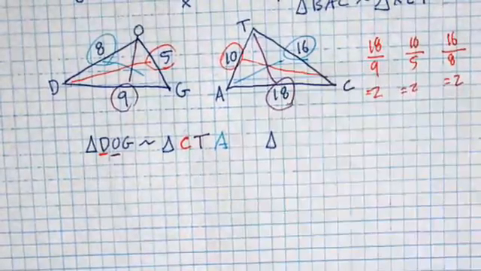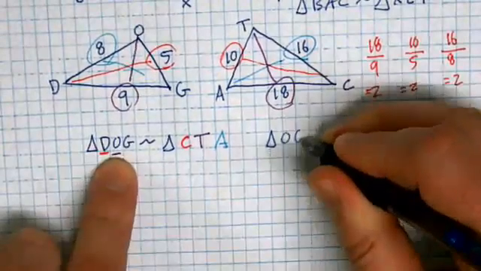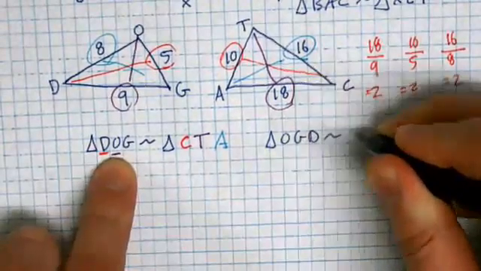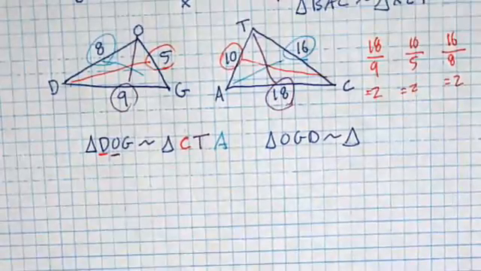I want you to try one more for me. Instead of dog, I'm going to call it OGD. Can you write my similarity statement if I'd chosen to go OGD first?